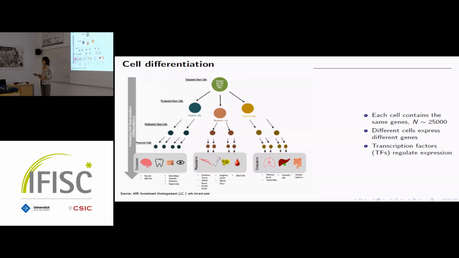Neurons, blood, bones, and so on. And these cells contain exactly the same genes, but different cells express different genes, okay? And what regulates gene expression are transcription factors, which are either proteins or protein complexes, like groups of proteins, which bind to the DNA and decide which genes should be expressed and which should be silent.